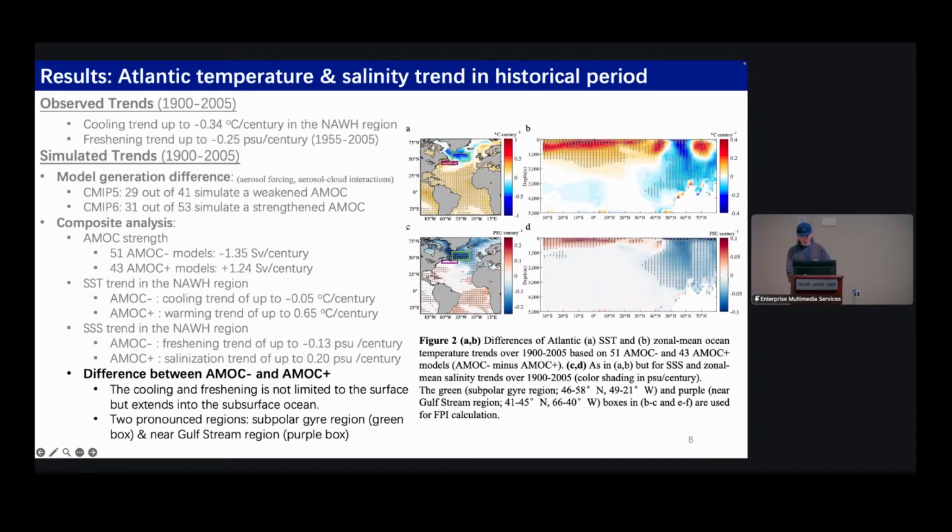We found that the cooling and freshening are not limited to the surface, but extend into the subsurface ocean. And there are two pronounced regions, the subpolar gyre region in the green box and the Gulf Stream region in the purple box.